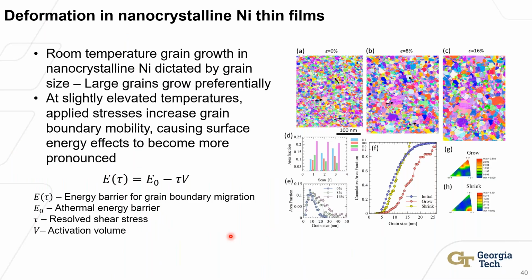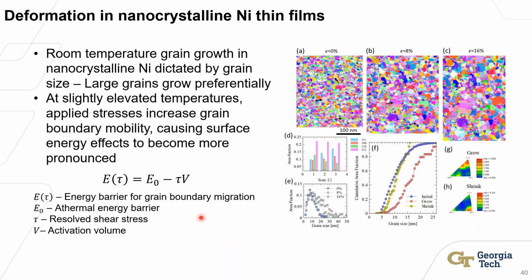So without elevating the temperature, we just get grain growth dictated by the initial grain size. Once we increase the temperature, then we get grain growth driven by the texture in the material. Basically low surface energy grains growing due to stress overcoming kinetic barriers.